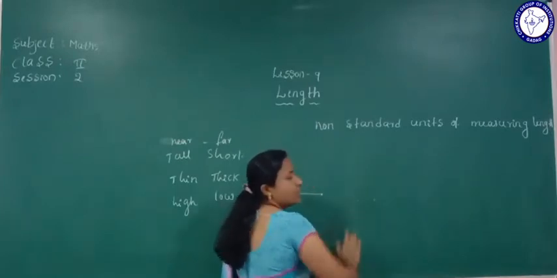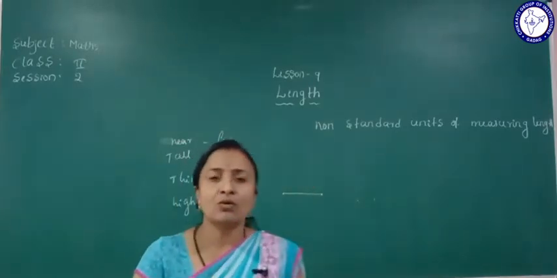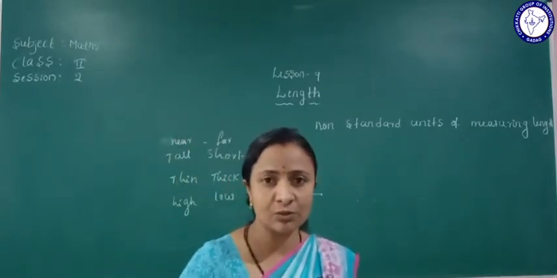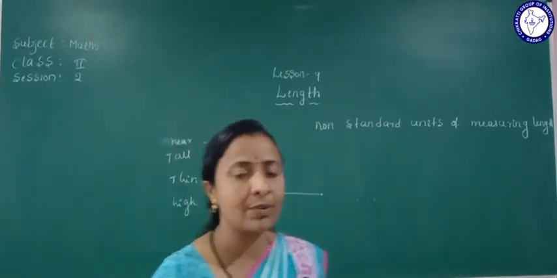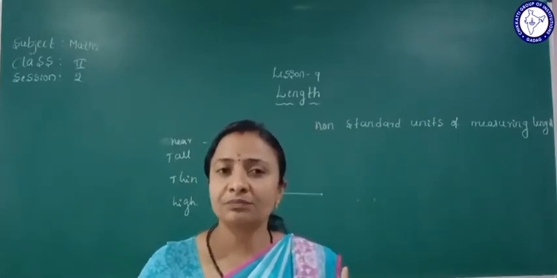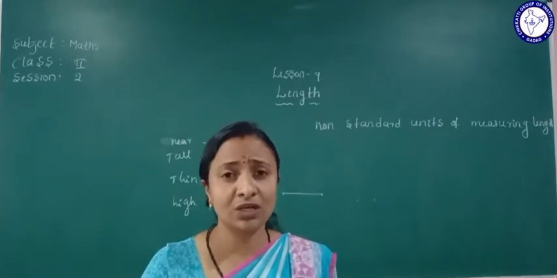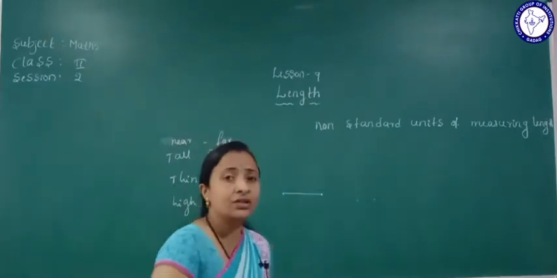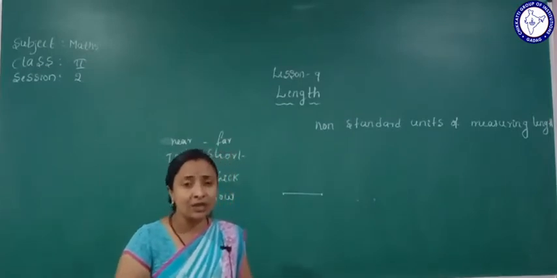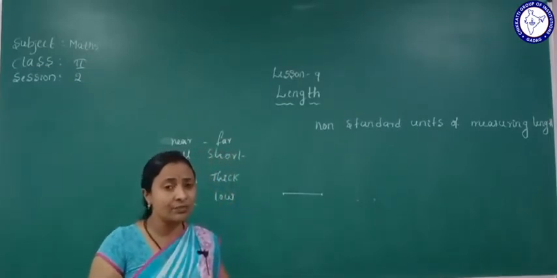See here students, when you go for stitching, suppose you purchase one shirt or one pant. If it is long for you, you go to the tailor and tell them to make it short.